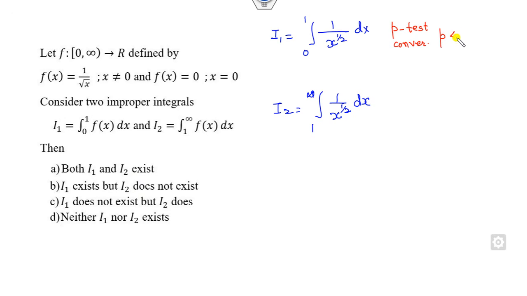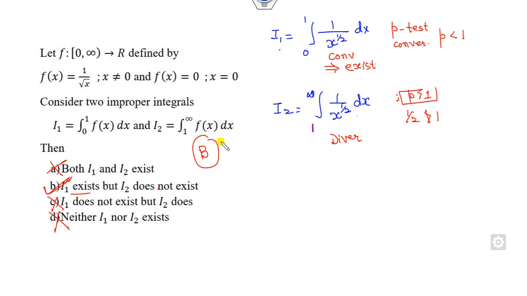Why? Because p is less than 1. So this is convergent, which implies the limit will exist. Is this convergent? Because it's 1 to infinity, it is convergent only when p is greater than 1, but half is not greater than 1, so this is divergent. So I1 exists, I2 does not exist. Both exist is cancelled, the rest of the options are cancelled. B is my right answer of the problem.